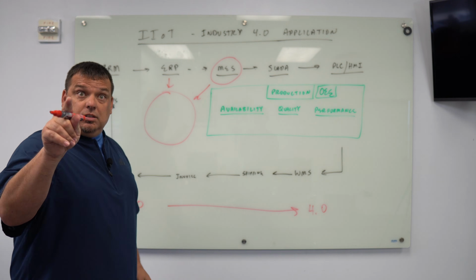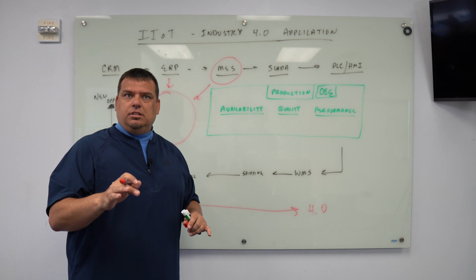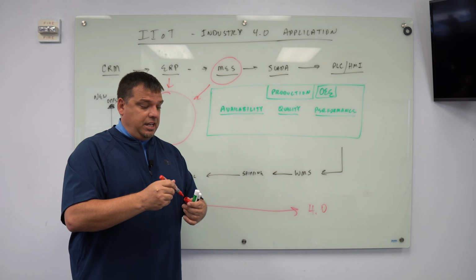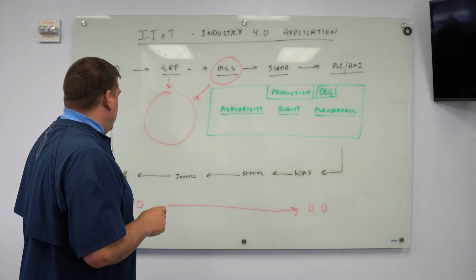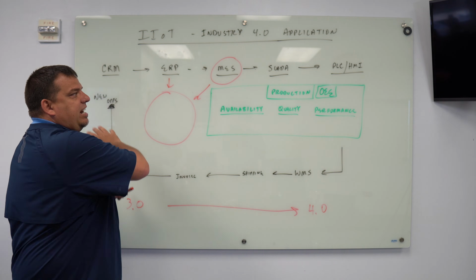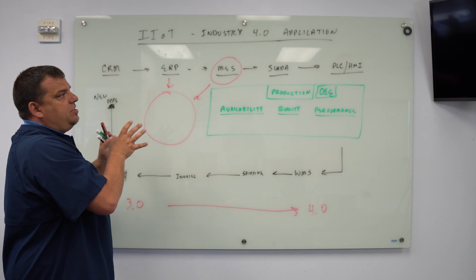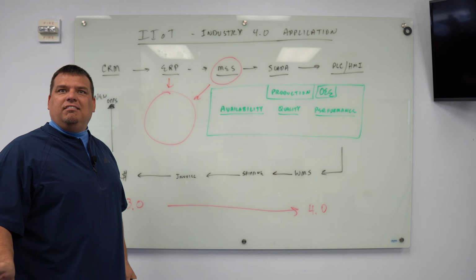Okay? But the Amazons of the world, the Teslas of the world, the Boeings. Boeing's another really, really good example of masters of manufacturing. There is no internal resistance to developing this architecture. If there's internal resistance, that person's gone.